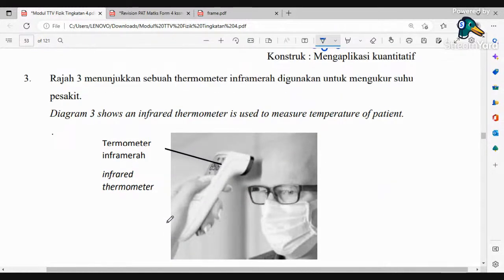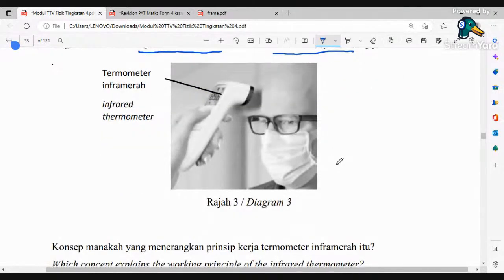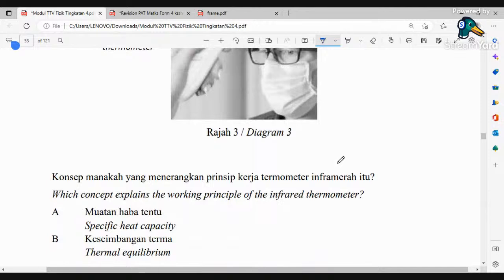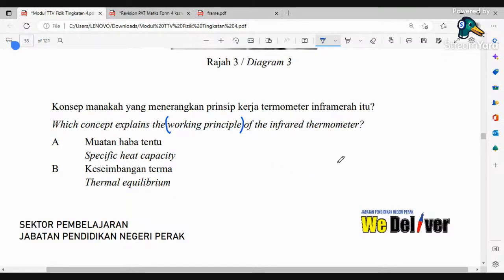Okay, number 3, diagram 3 shows an infrared thermometer used to measure temperature. Which concept explains the working principle? Okay, so this one working principle is thermal equilibrium.